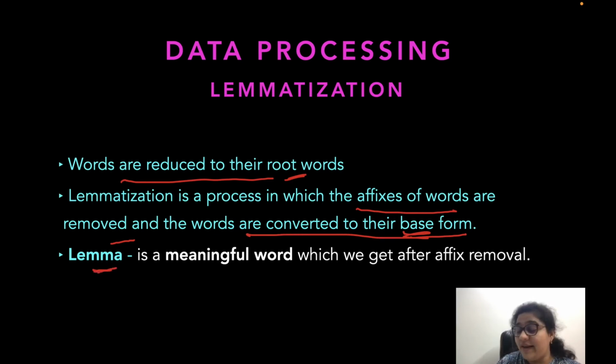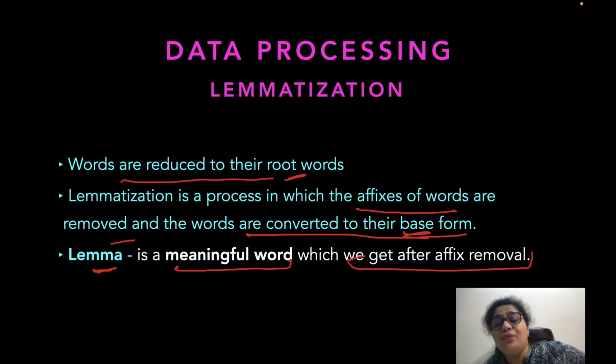What is a lemma? A lemma is a meaningful word which we get after affix removal. So meaningful word is very important here. In a stem, we were not talking about a meaningful word, only about getting the base or root word. But a lemma is a meaningful word. So the difference is that stemming does not necessarily give you a meaningful word, but lemmatization gives you a meaningful word.